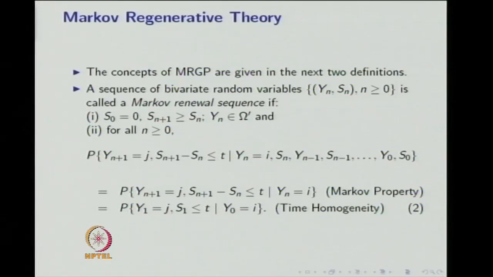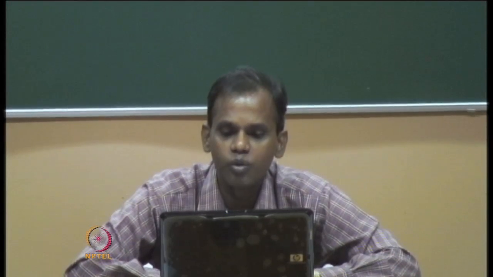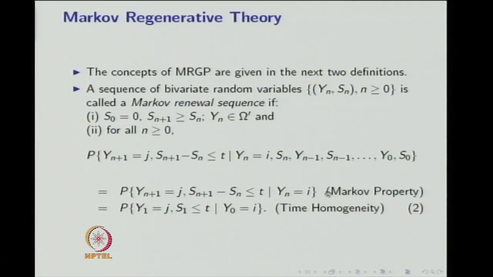So, the conditional distribution depends on the current state, not the past history, including the time homogeneous property. That is the way we define the bivariate random variables: Yn, Sn satisfies this property.